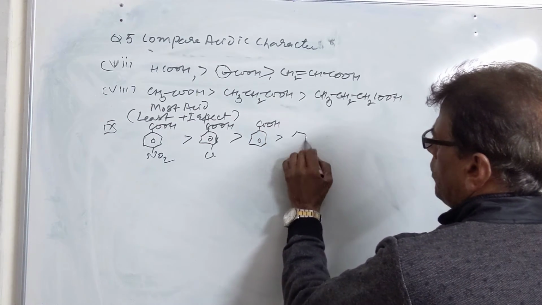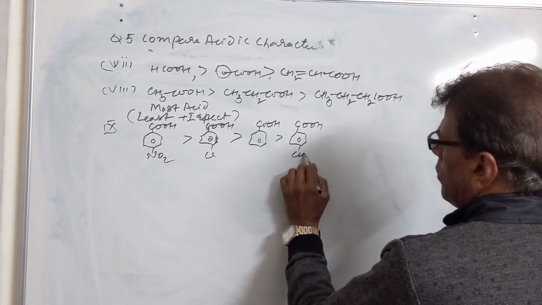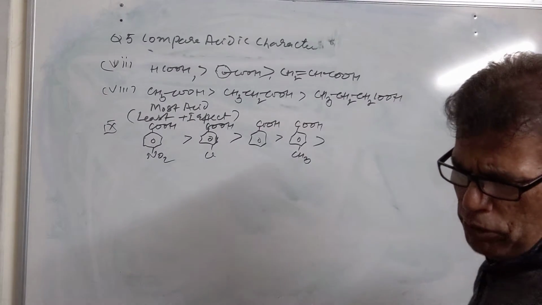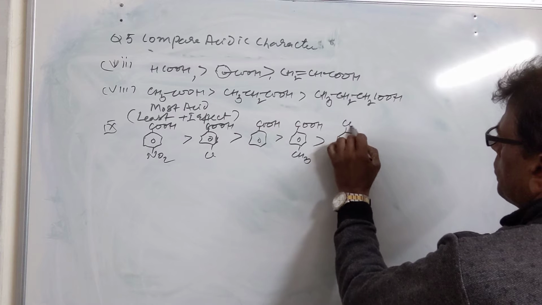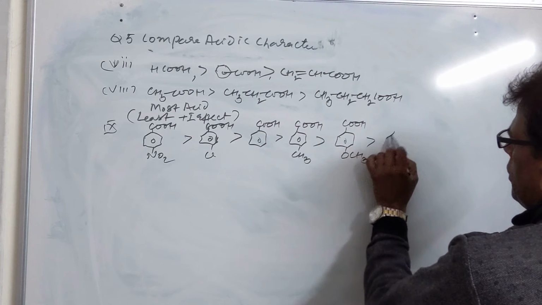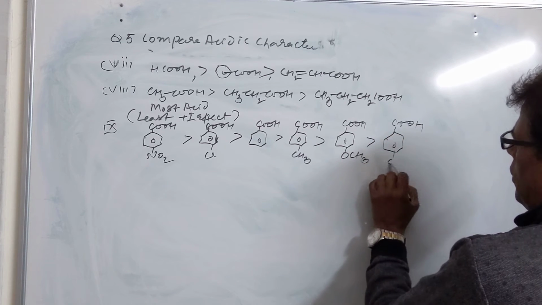Then we have para-methyl benzoic acid. After para-methyl benzoic acid we have methoxybenzoic acid. After this we have para-hydroxybenzoic acid.